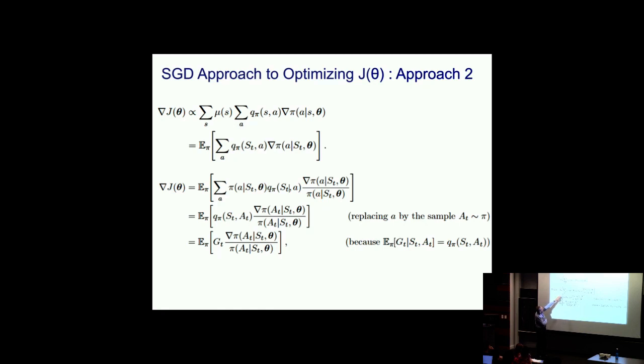We could say, this is the sum over actions A. So this is the expected value over actions recommended by the policy of the Q value times this quantity. And you'll see this quantity is really the same as the above, except that I've multiplied by pi and divided by pi.